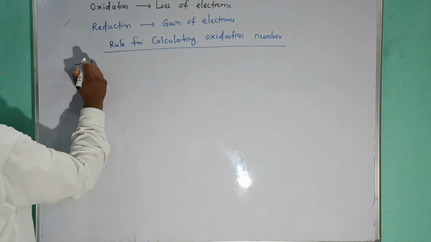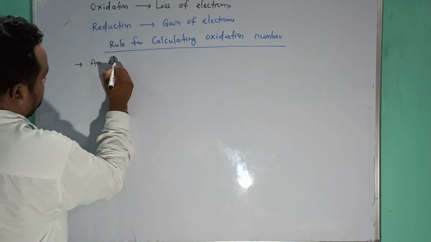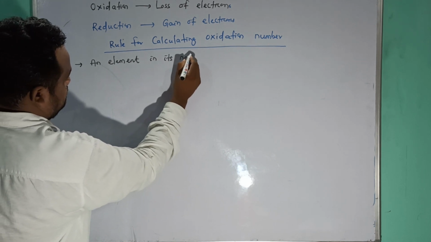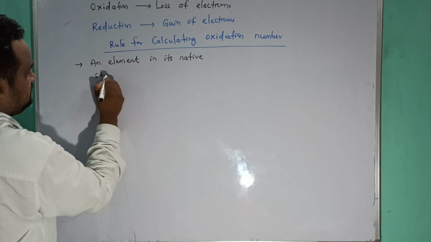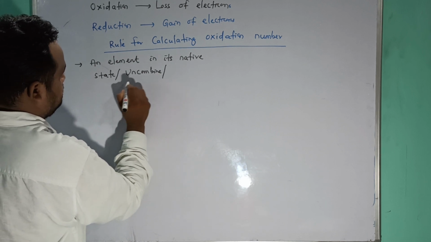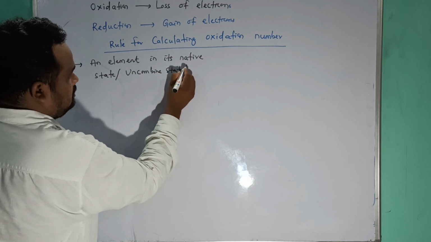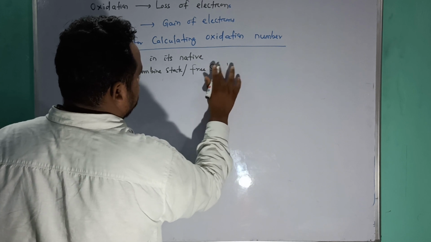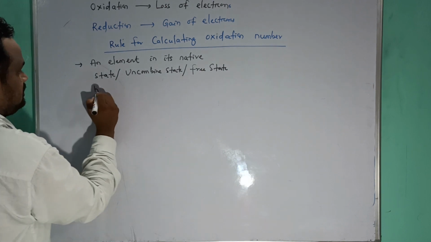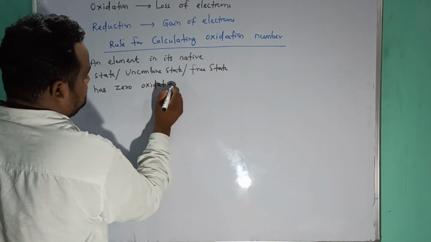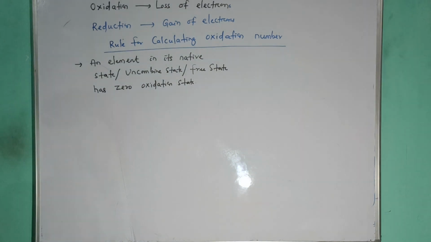The first rule: an element in its native state or uncombined state or free state has zero oxidation state, or the charge is zero.